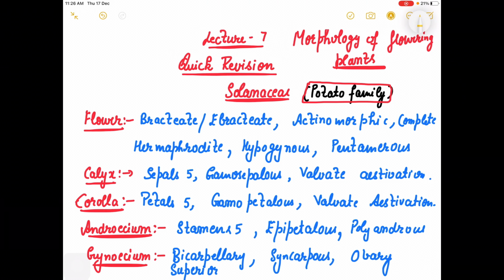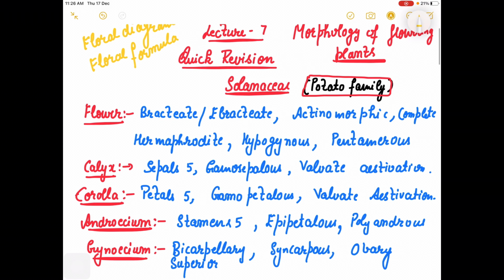The main purpose is, right, you should know now, because our aim is to draw the floral diagram and we have to write down the floral formula. I told you that at least for your basic concept you should know how to write the formula, and I am going to use only those terms here which we have discussed in our last 6 lectures.